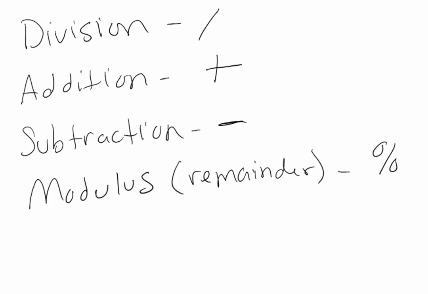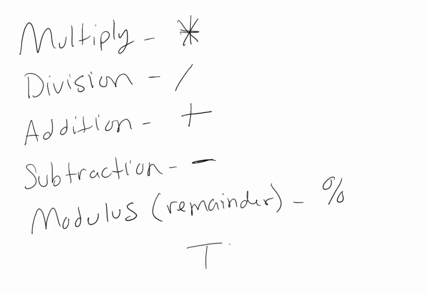So when we're doing math with integers, especially when we're doing integer division, we have to be aware of something called truncation. Truncation takes place when we have integer division that results in a fraction.